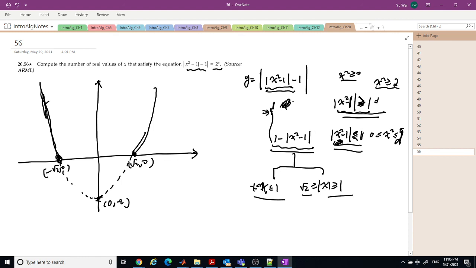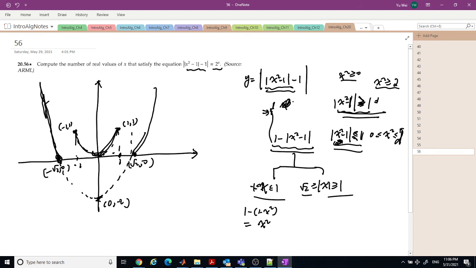For the first case, x squared minus 1 is a negative number, so it's 1 minus 1 minus x squared, which equals x squared. Because x is between 1 and -1, x squared at the ends is 1, so these two points are (1, 1) and (-1, 1).